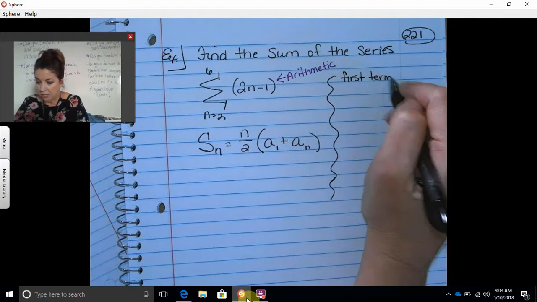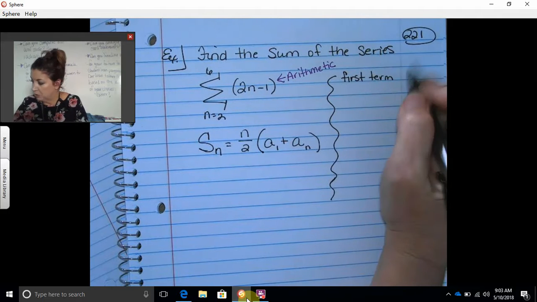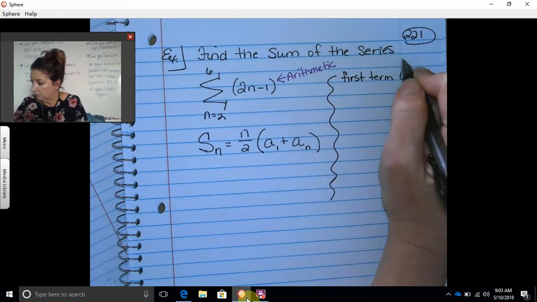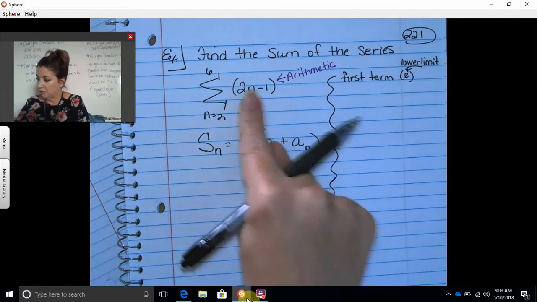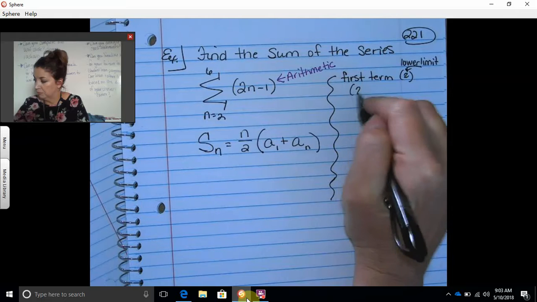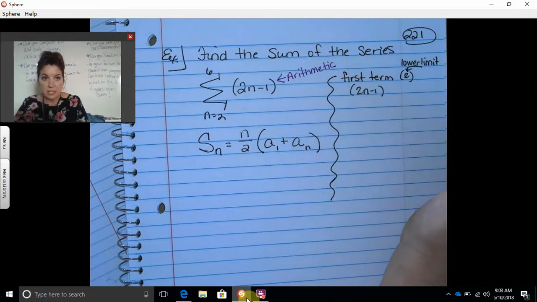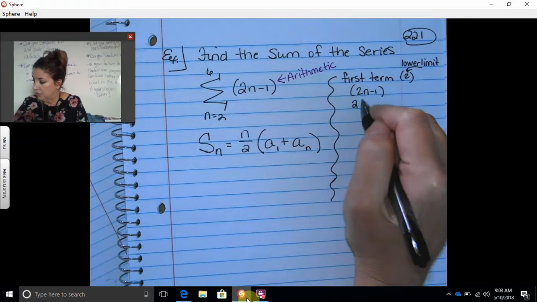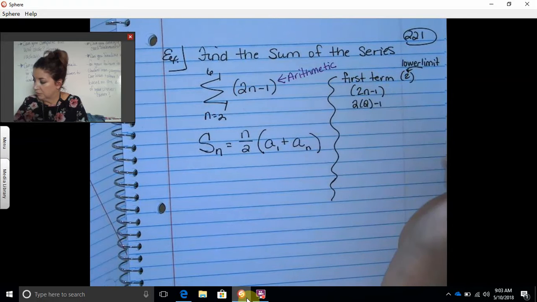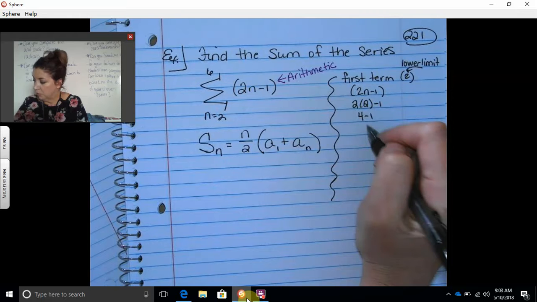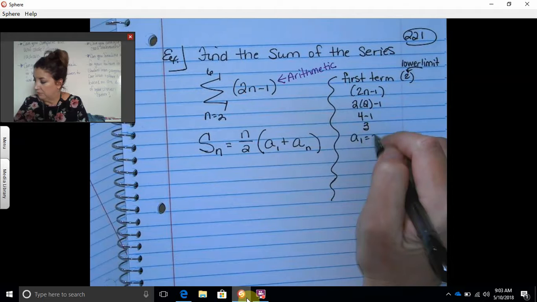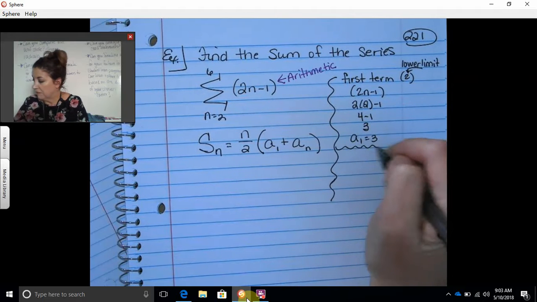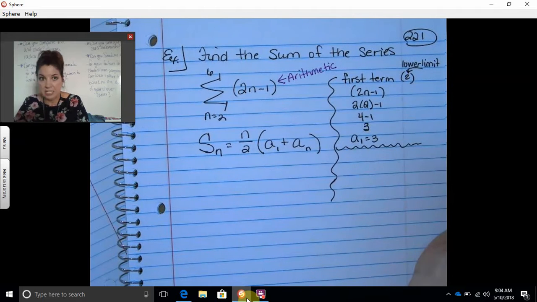For the first term, I use my lower limit, which is 2, and substitute it right into the explicit formula, 2n minus 1. So that will be 2 times 2 minus 1, which is 4 minus 1, which is 3. So my a sub 1 is 3. My first term of the series is 3.